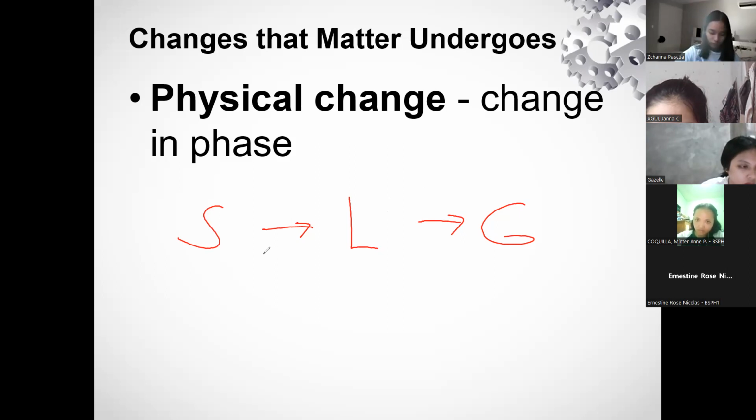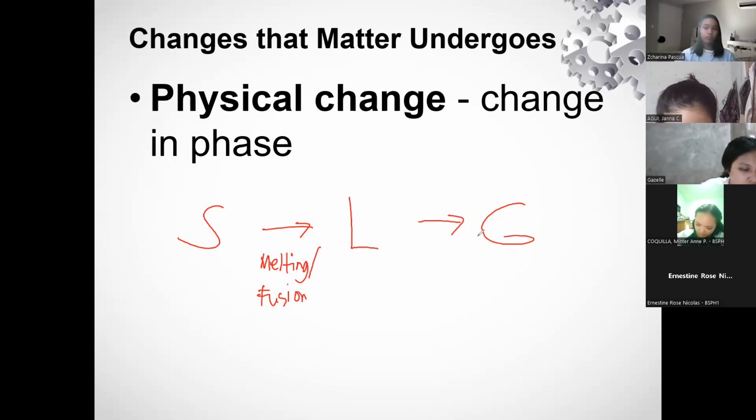We call that melting. Okay? Melting, or we call this fusion. Sometimes we call that fusion. But anyway, that is commonly known as melting. Pag ang solid naging liquid.